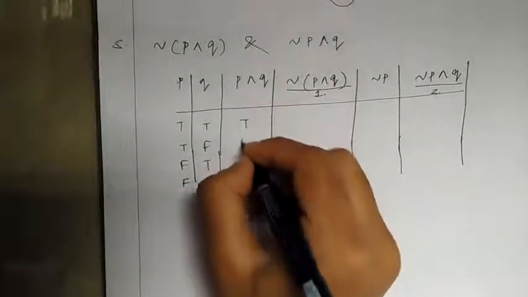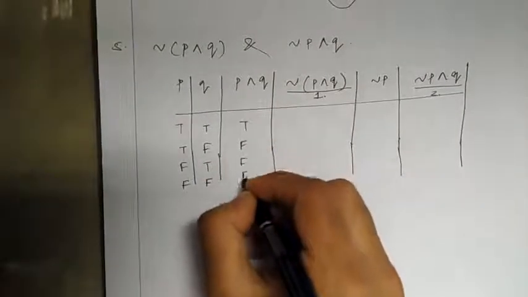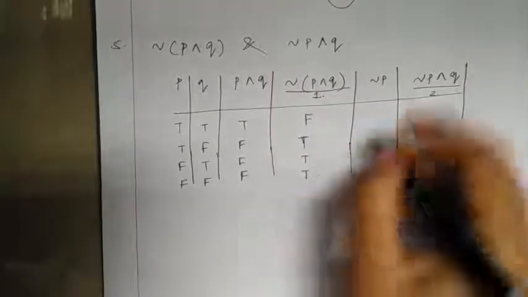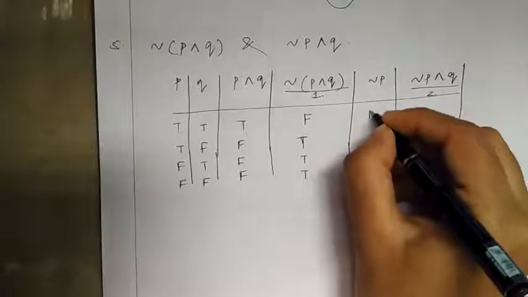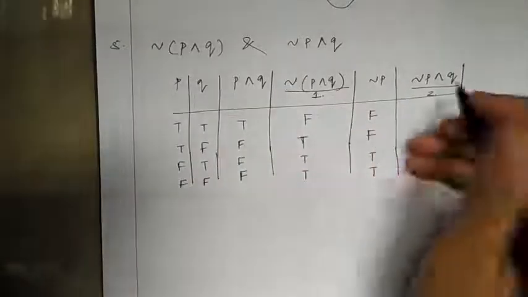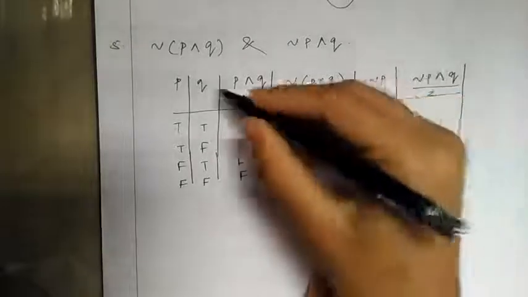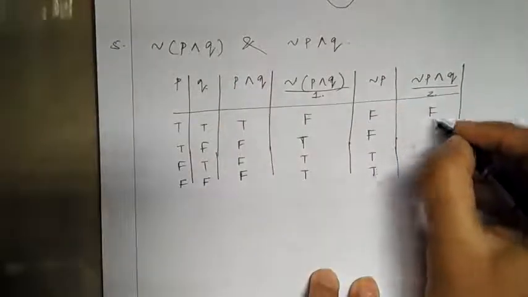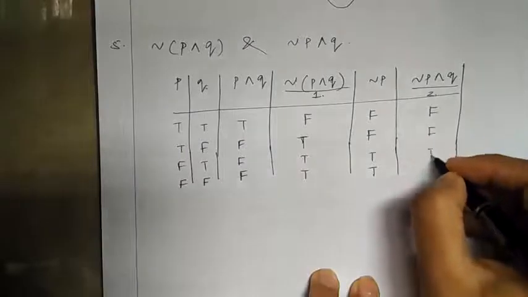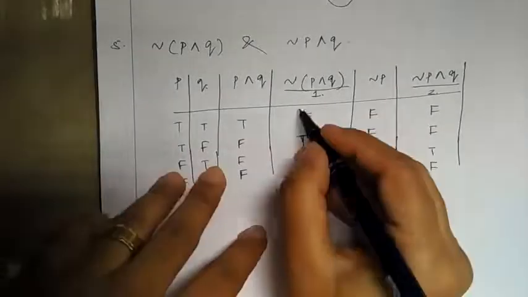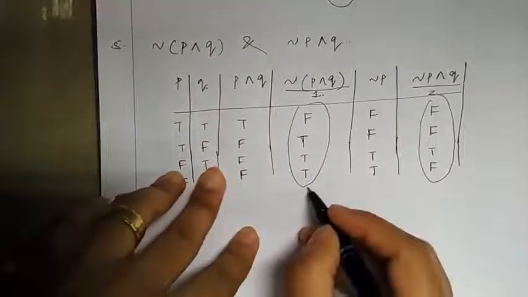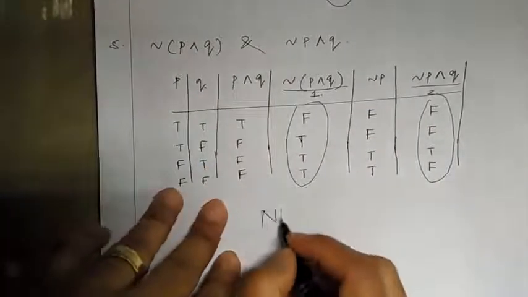So AND is always true, false, false, false. So negation will be false, true, true and true. So negation P is what? False, false, true, true. Opposite of P. When you perform negation of P with Q, what will be the answer? False, false, true and false. So now you see the first one, false, true, true, true, and the second one is false, false, true, false. Is it the same? No. So it is not equivalent.